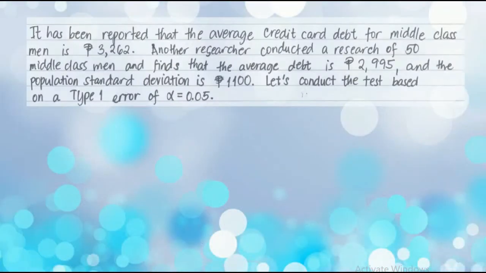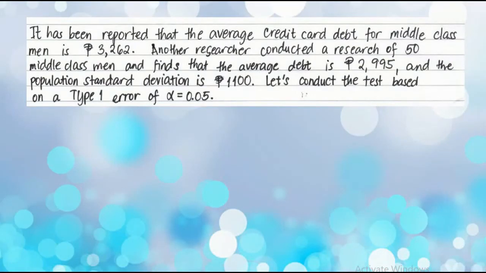Number 2 problem. It has been reported that the average credit card debt for middle-class men is 3,262 pesos. Another researcher conducted a research of 50 middle-class men and finds that the average debt is 2,995 and the population standard deviation is 1,100. Let's conduct the test based on a type 1 error of alpha equal to 0.05.